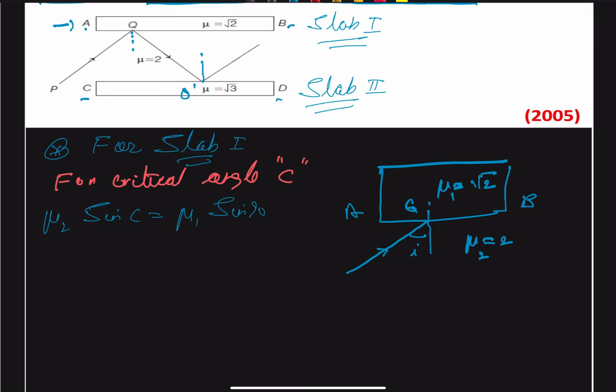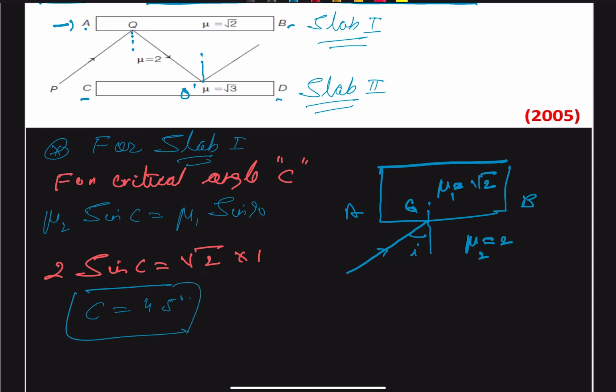From here, mu2 is 2, this is sine of C, and mu1 is square root of 2, sine 90 is 1. So therefore we get from here that our C will be equal to 45 degrees.